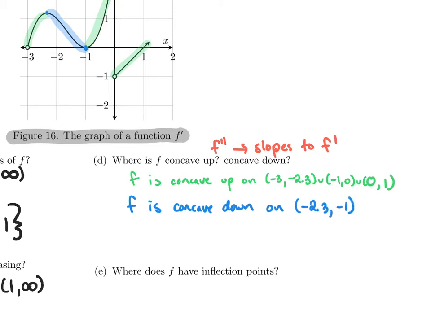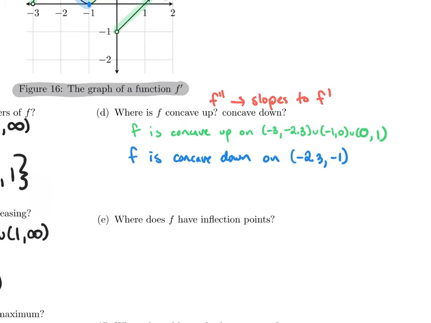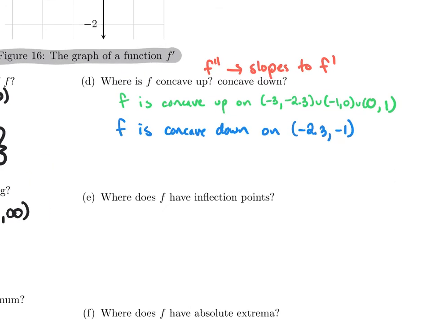The next question asks where the function f has inflection points. We actually already have the answers if we look here at our concavity. So inflection points are simply places where the function changes concavity. So we have -3 right here as sort of the end of my interval. And then I've got -2.3, which is a change in concavity. I've got -1, and then I've got 0.